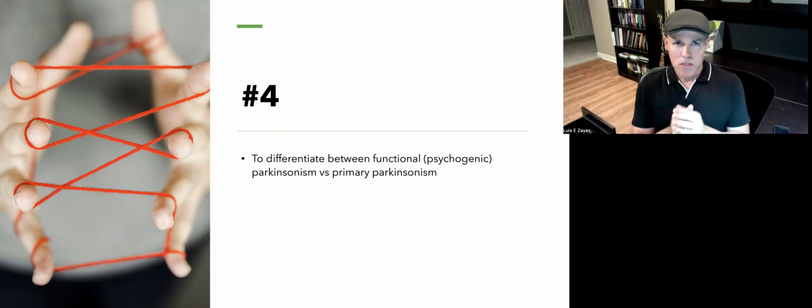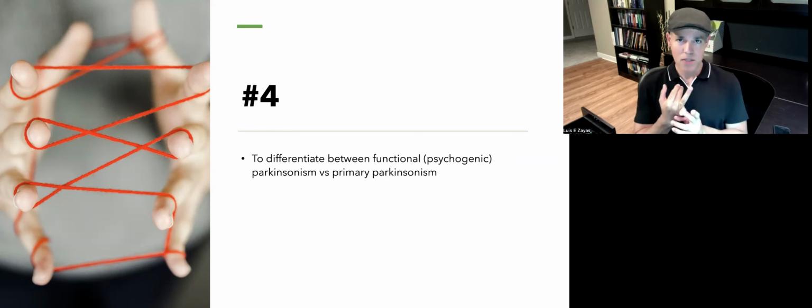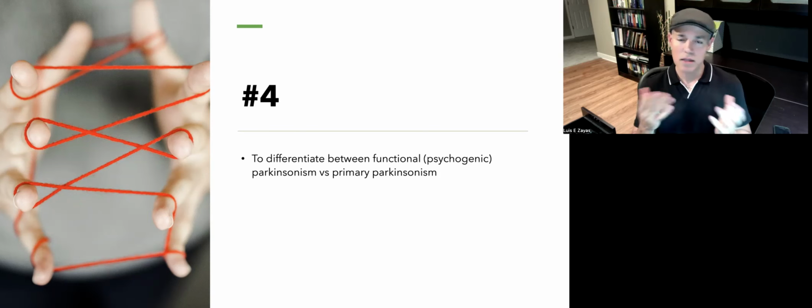Movement disorder neurologists usually don't use this test too much to make this differentiation. Number one, because functional Parkinsonism is very rare. It's approximately 5% of all the functional movement disorders that we have. The most common one is tremor. Thirty something, almost 40% of the time, it is tremor.